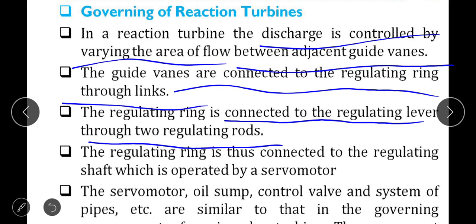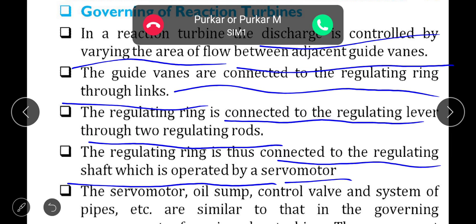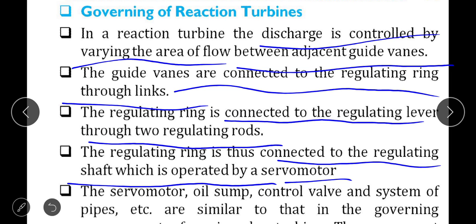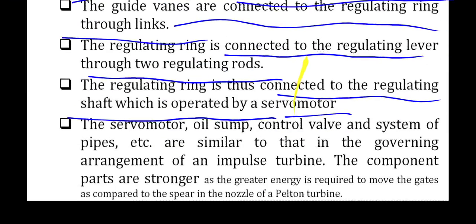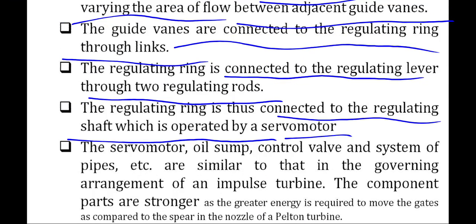The regulating ring is thus connected to the regulating shaft, which is operated by a servo motor. The servo motor, oil sump, control valve and system of pipes, etc., are similar to those in the governing arrangement of an impulse turbine.